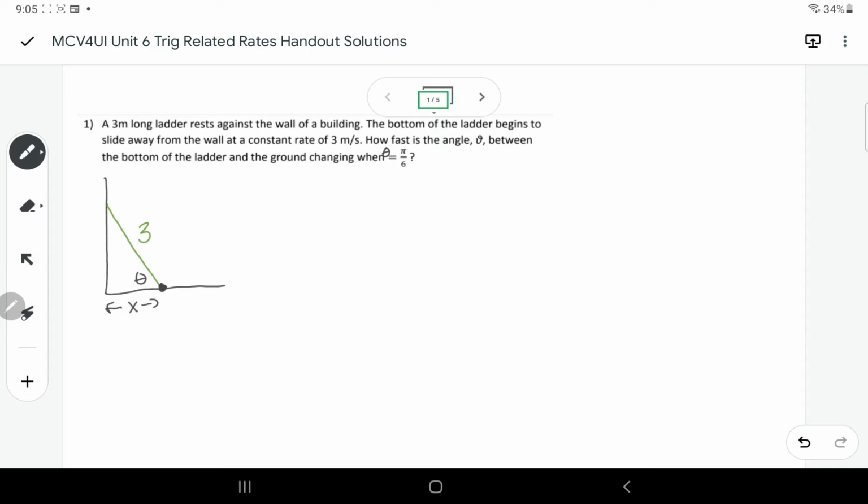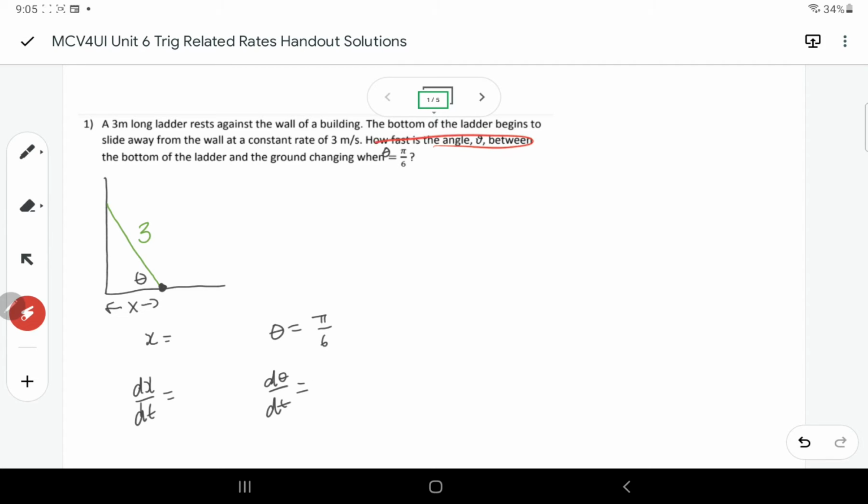Now remember, we need to list out our variables. So I have x, dx dt, and then I have theta and d theta dt. So here, x is, we don't know, theta we know is pi over 6, d theta dt, that's what we're looking for.